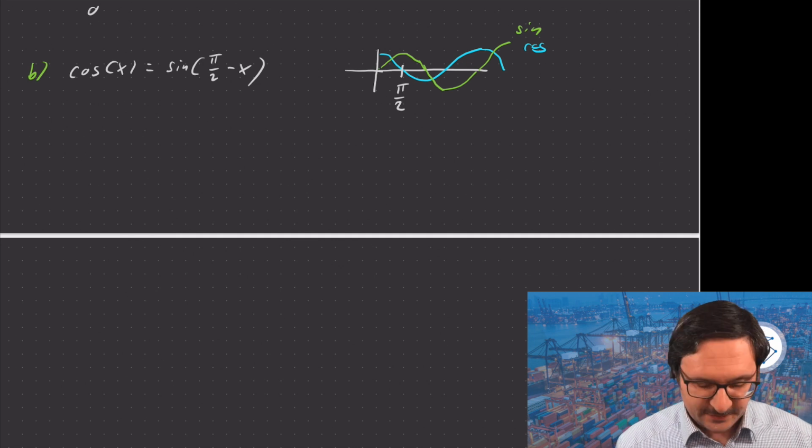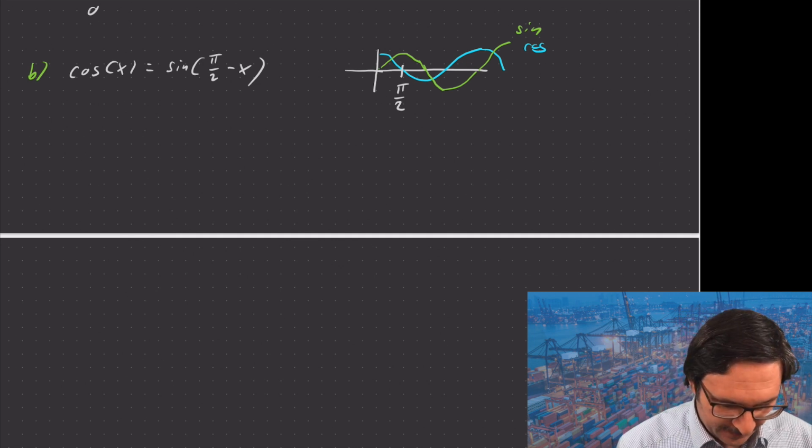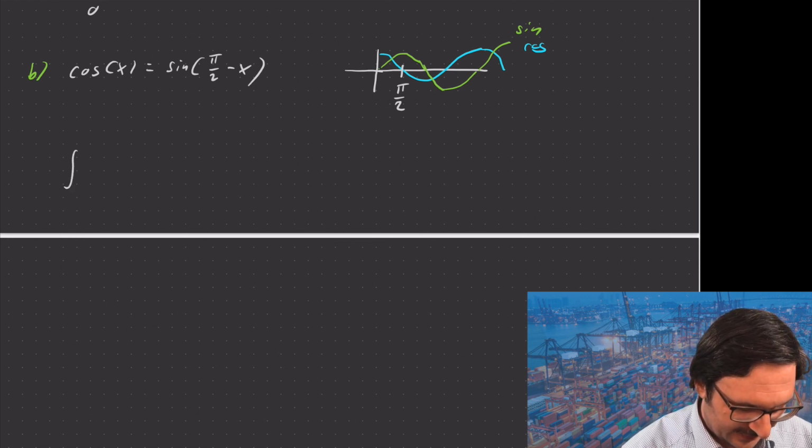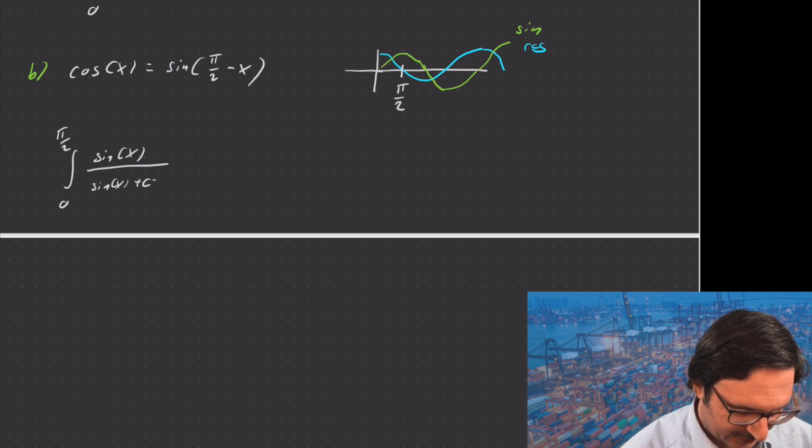So let's try to compute the integral that we have in the problem statement. Now that integral is the integral from 0 to pi over 2 of sine of x over sine of x plus cosine of x dx.